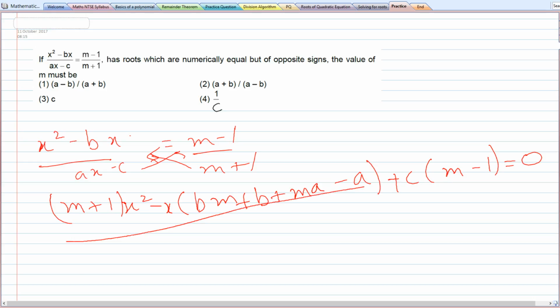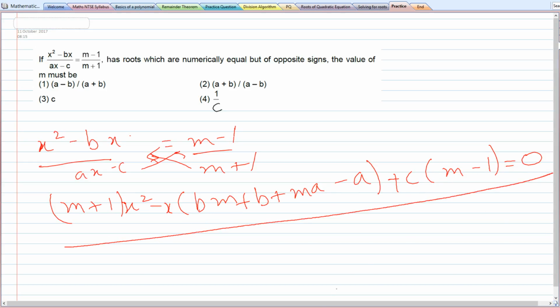This will be a standard quadratic equation. Is it clear?